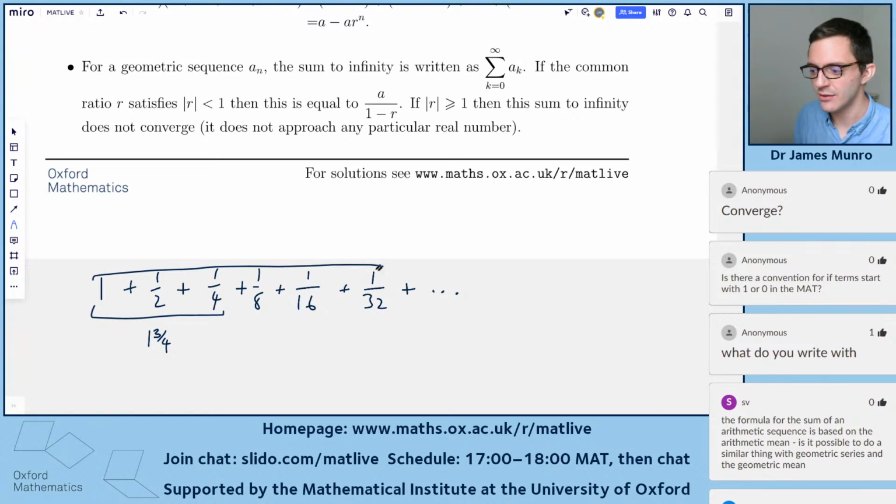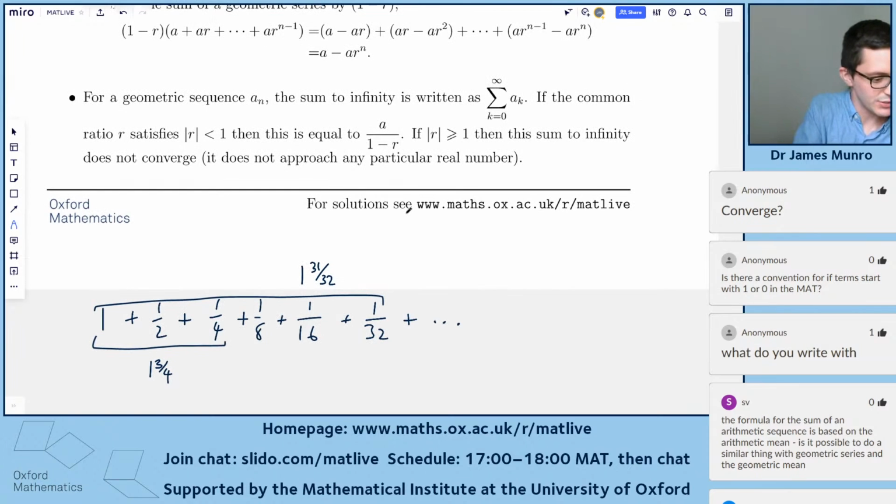If you add together more of these terms, you get to something like 1 31/32. It's getting really close to 2. That's all I need you to understand for what converging might mean at this level. So it's a really good, one word question. What does it mean to converge?